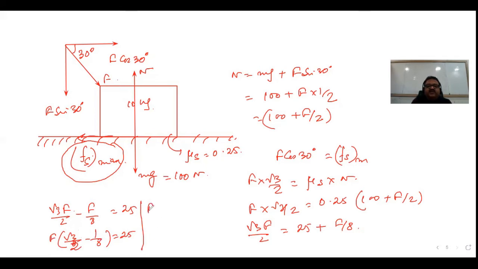Therefore, F is equal to 25 into 8 multiplied by 4 root 3 minus 1 Newton, which is approximately 33.73 Newton.